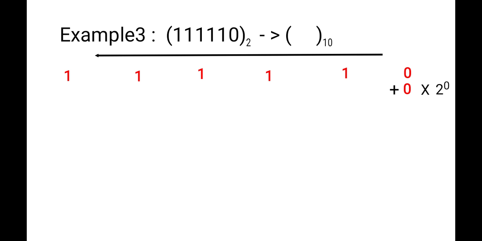As we move from right to left, the power will increase by 1 for each position. So 1 multiply 2's power 1. We will put the plus sign, note down the next binary digit, that is 1.